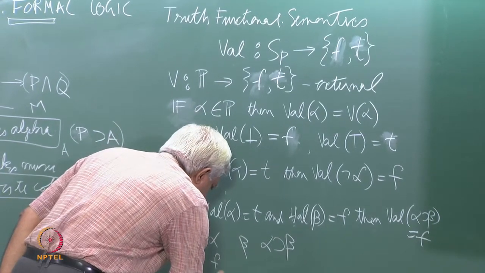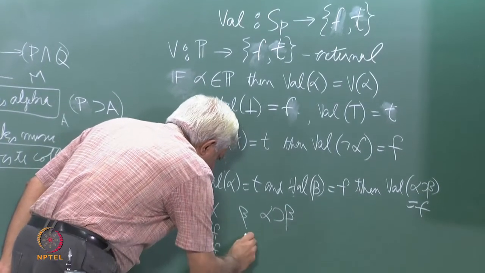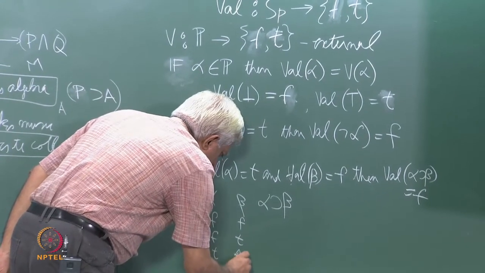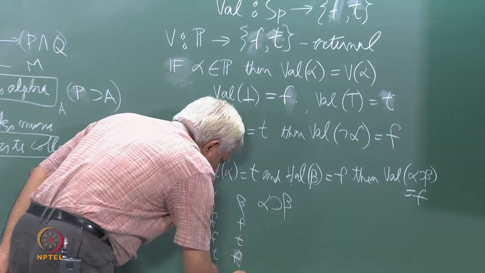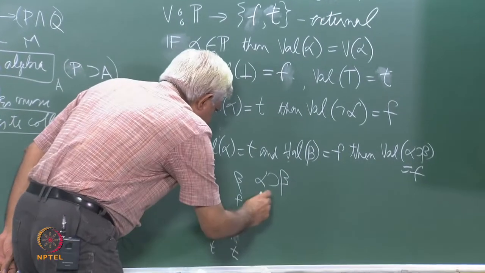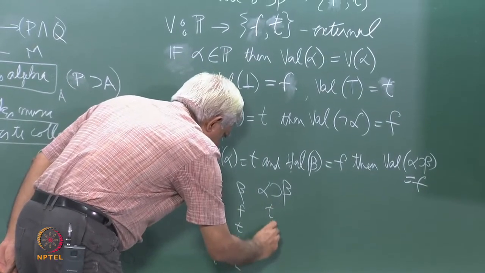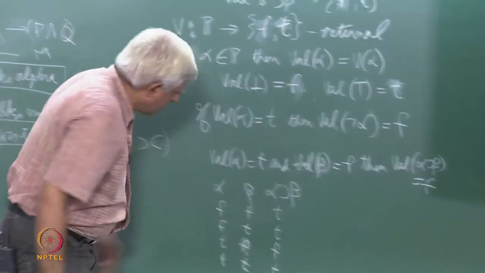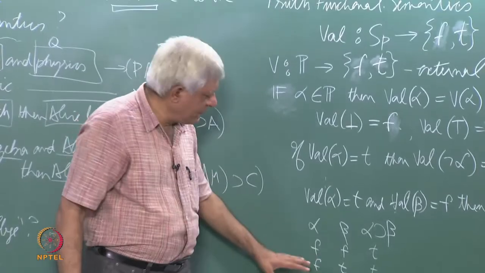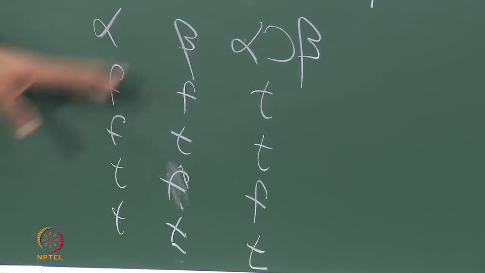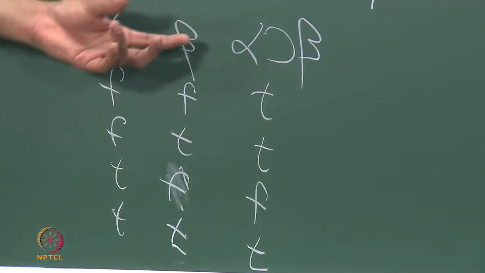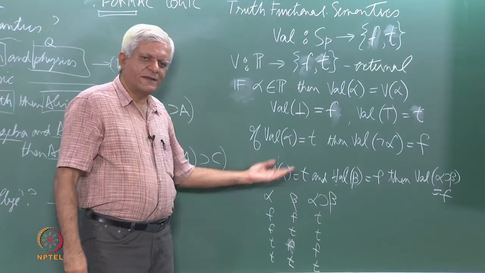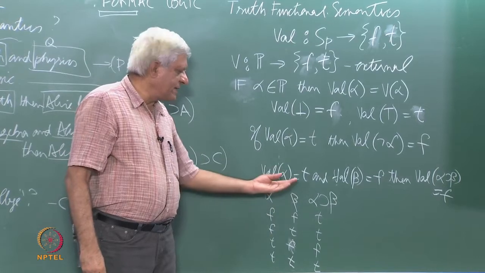So, false false true, true false true. Well, I do not know whether you can make out between my f and my t. Maybe I should have chosen 0 and 1, but anyway, you know the truth table for implication. So, this is a truth table for implication. Instead of the table, I can write it like this, for each row I can write a sentence like this.